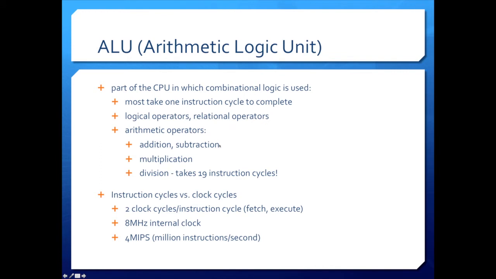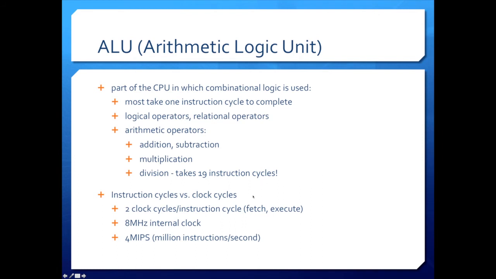The arithmetic operators, as we know them, addition, subtraction, multiplication, and division, I've got here that it takes 19 instruction cycles, which is a lot, not very efficient when compared to the single instruction that most of these require.